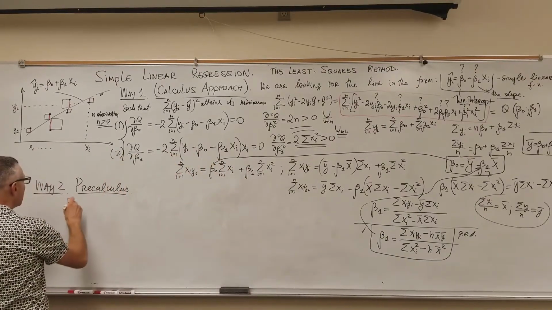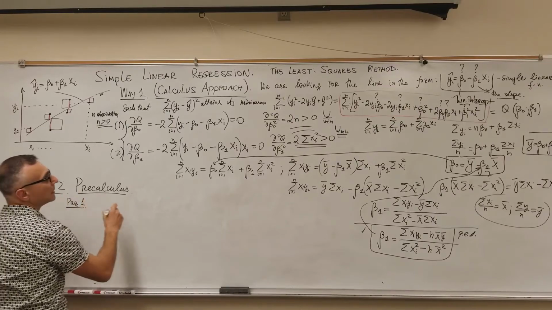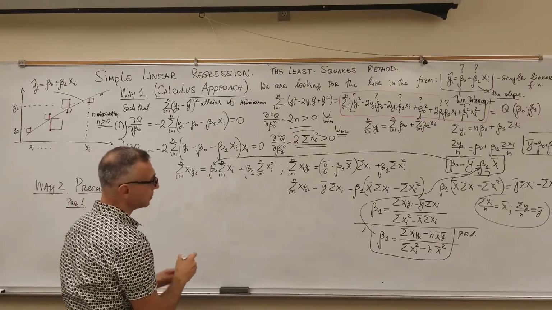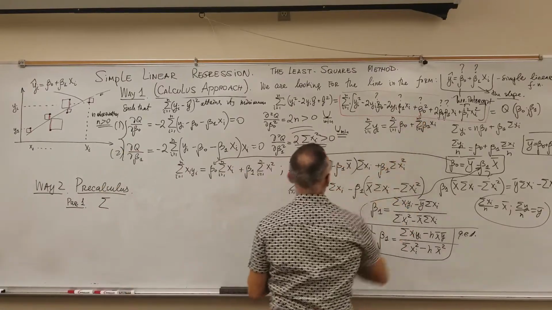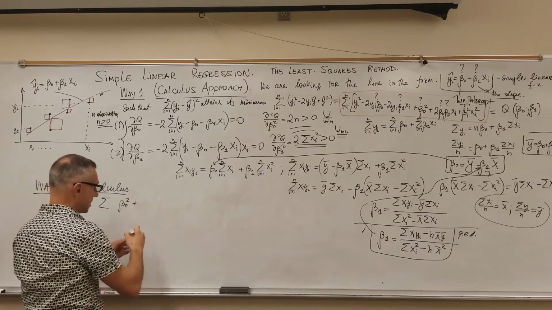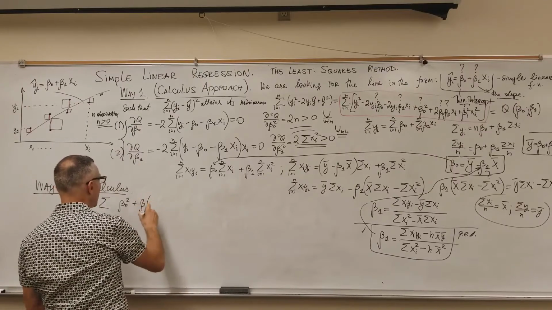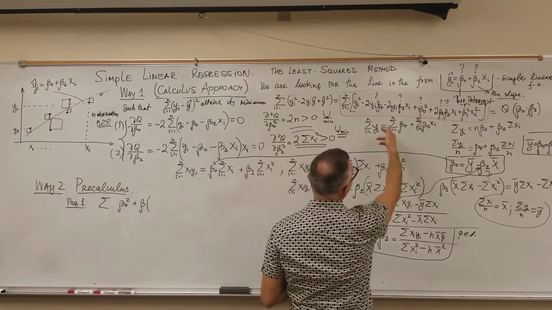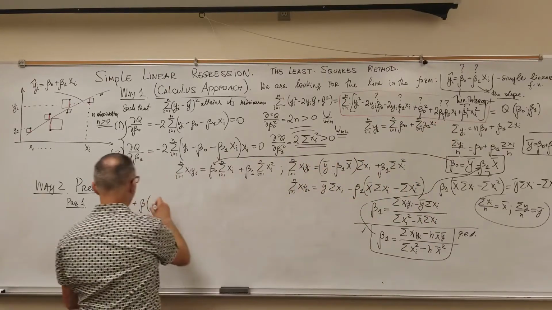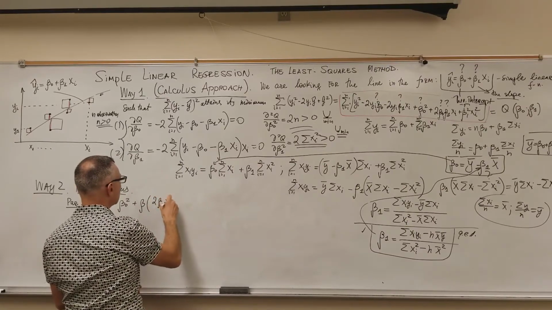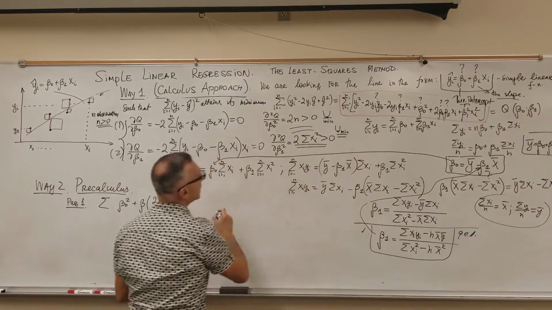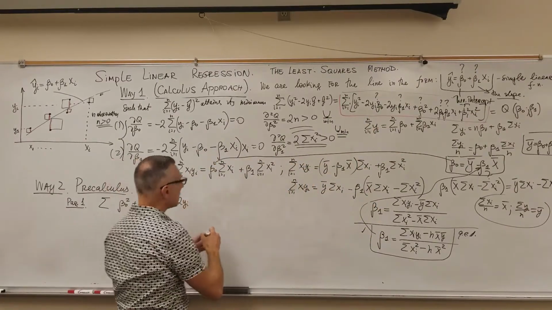So parabola number 1. Let me filter out all the powers of beta 0. The highest power, the degree, is beta 0 squared, plus beta 0 to the first power. Let me collect the terms with beta 0: beta 0 times 2 beta 1 xi minus 2 yi.